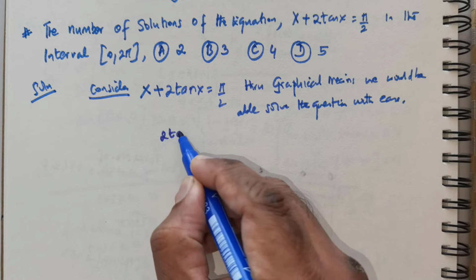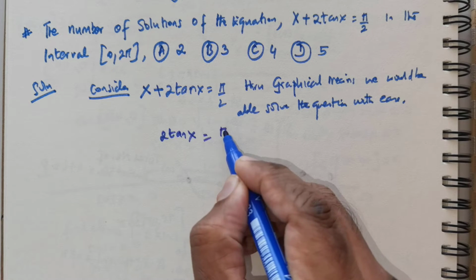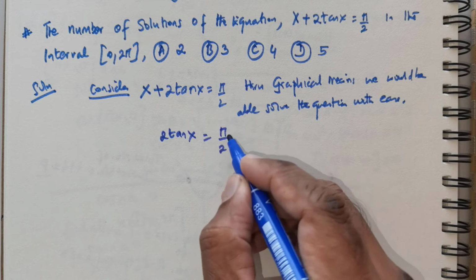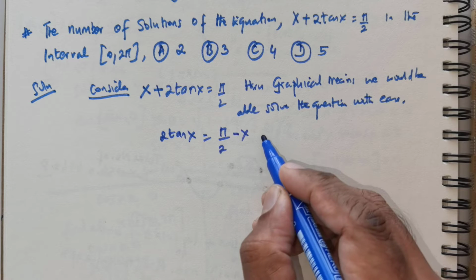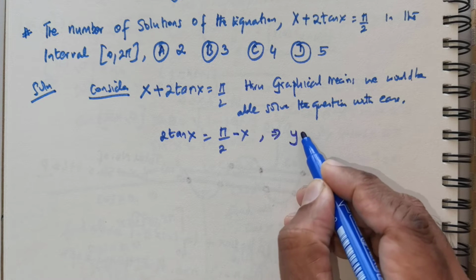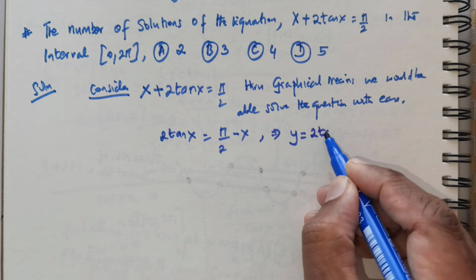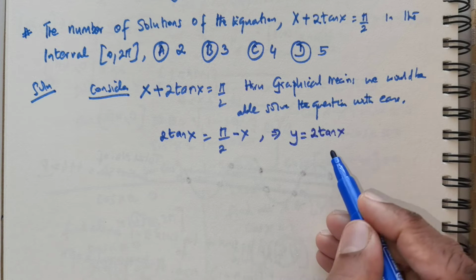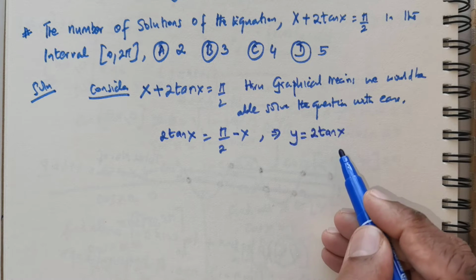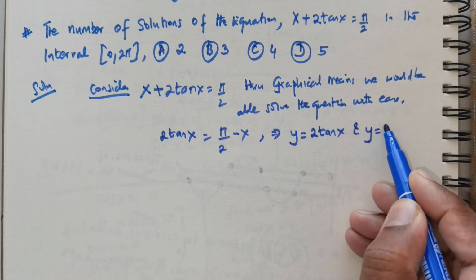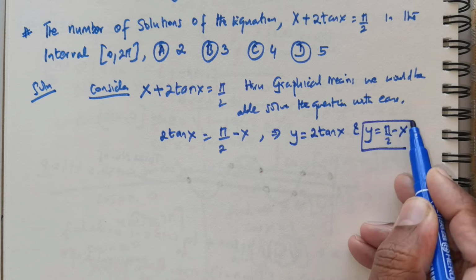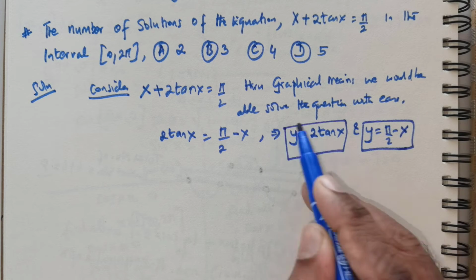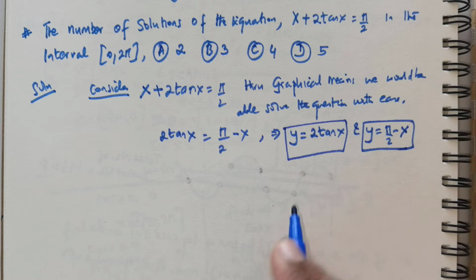I would place 2 tan x on the left and move x to the right, so I get 2 tan x = pi over 2 minus x. Now this equation can be treated as 2 different equations: y = 2 tan x and y = pi over 2 minus x. So I've got 2 functions for which I can draw the graph.